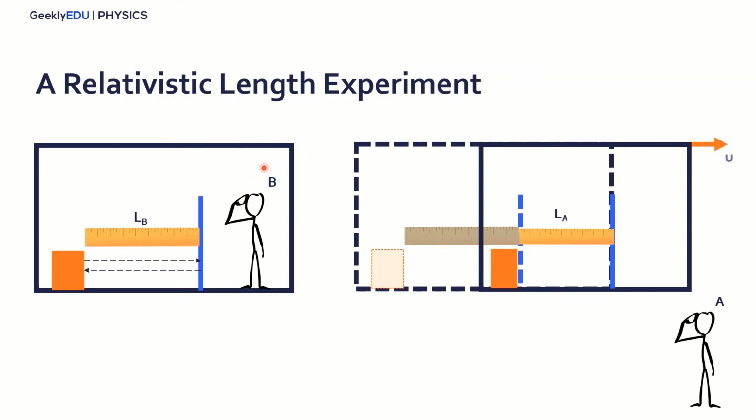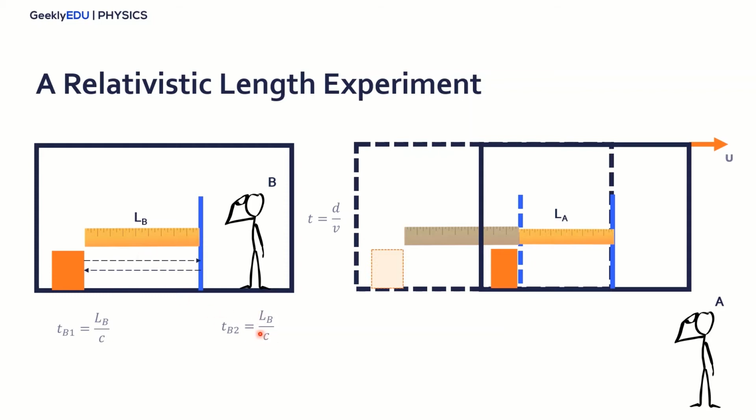So let's start first calculating the time it takes for the light to hit the mirror and come back. Let's start with observer B, that's inside the car, okay? So we know that the time is the distance over the speed or the velocity, okay? Now the time that the light takes to go from the device to the mirror is LB divided by C, the speed of light, and the same time to go back to the device, okay?